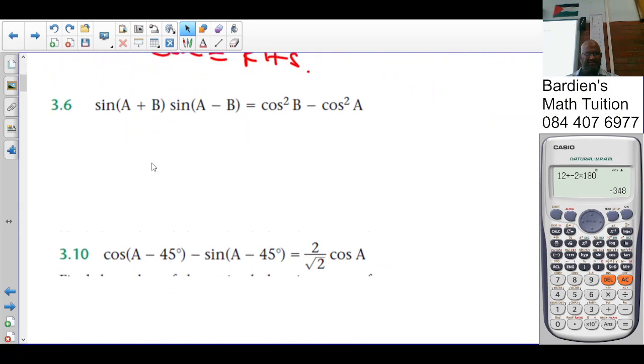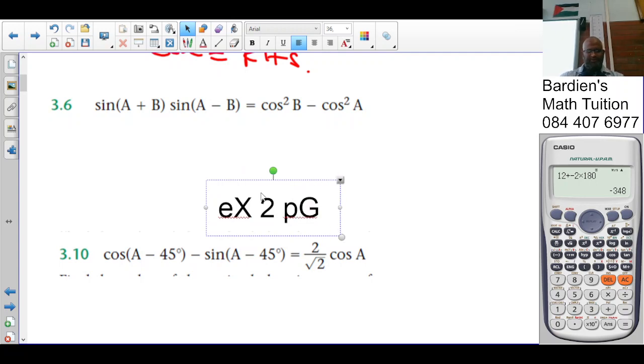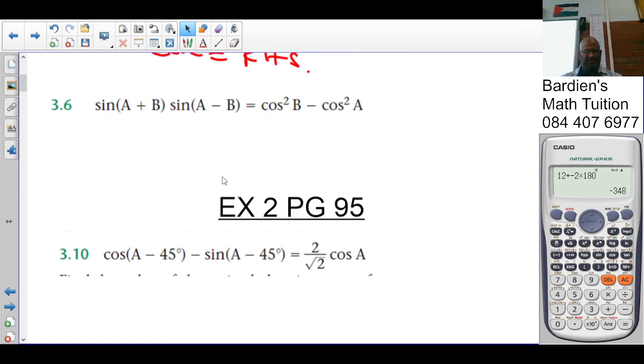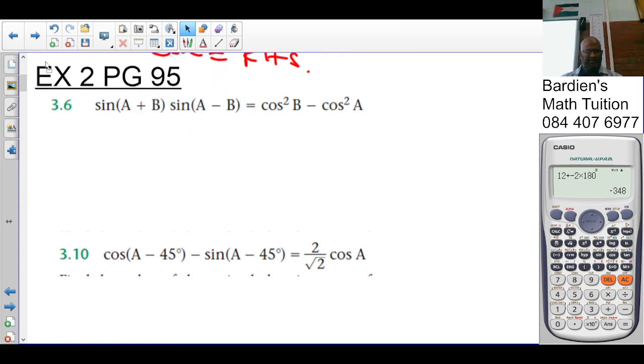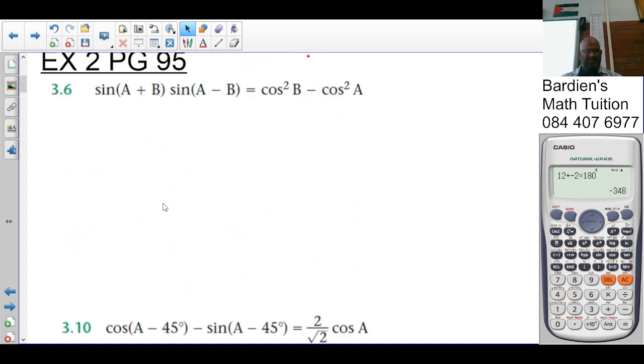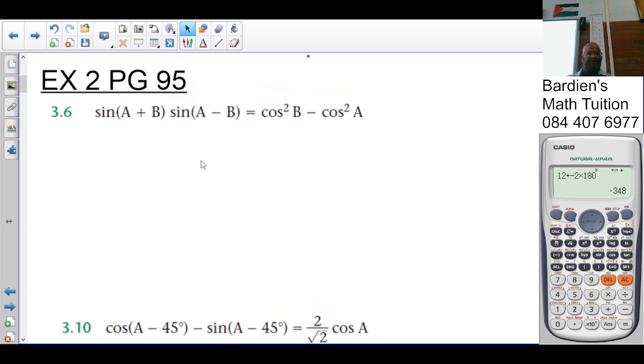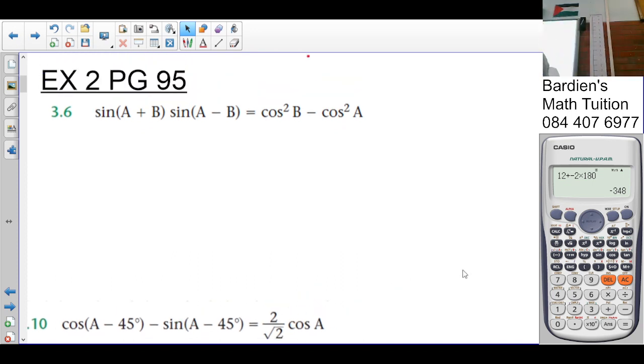This is exercise 2, page 95. Okay. So again, it's an identity.